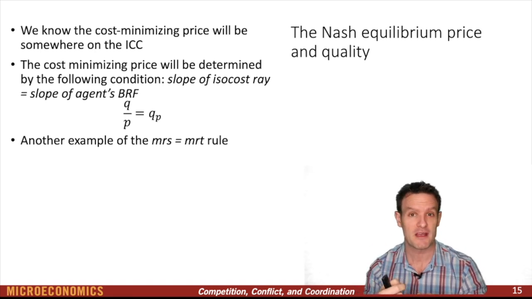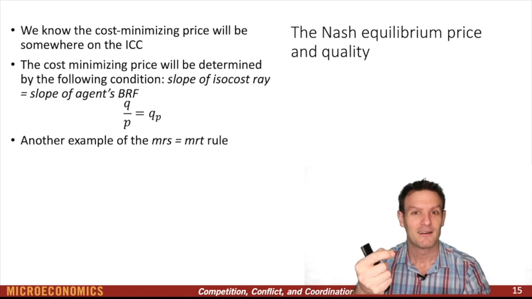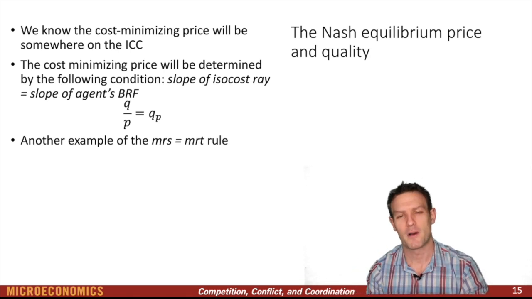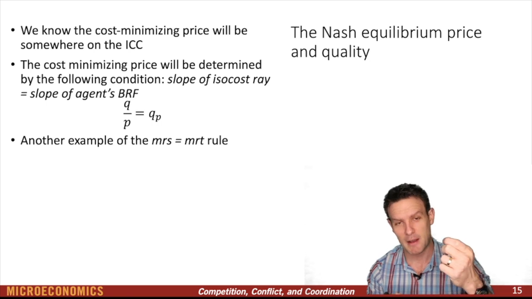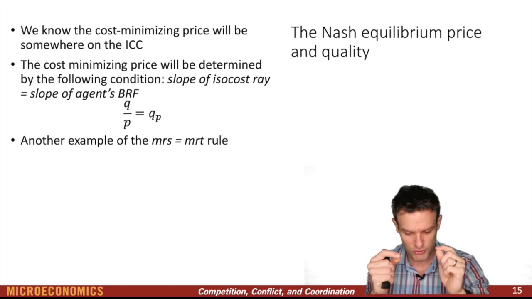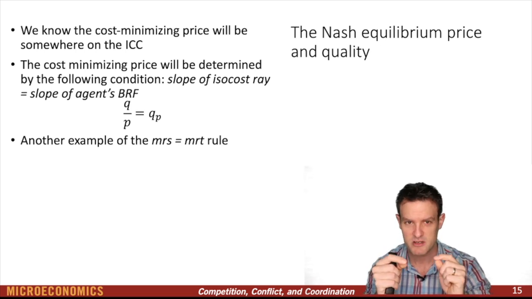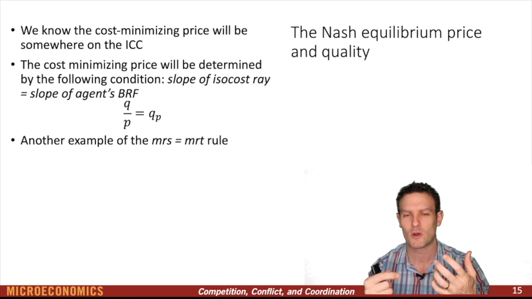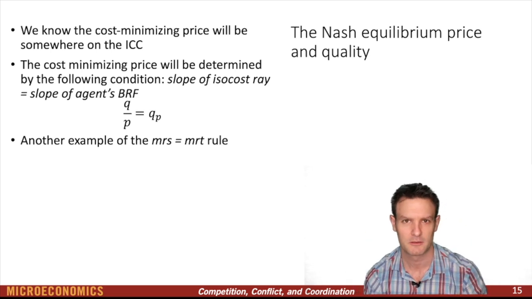The slope of the best response function is the negative of the marginal rate of transformation. The slope of the isocost ray is the negative of the marginal rate of substitution. So those two things are equal to each other, MRS equals MRT. That's the same thing we get when we have the two slopes being equal to each other.